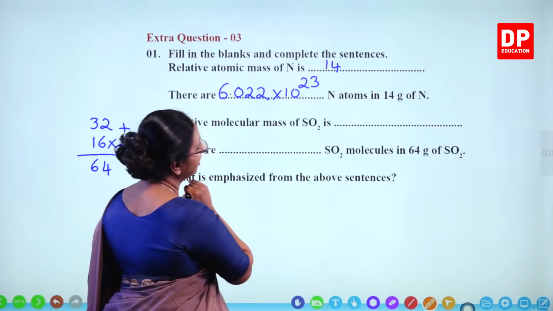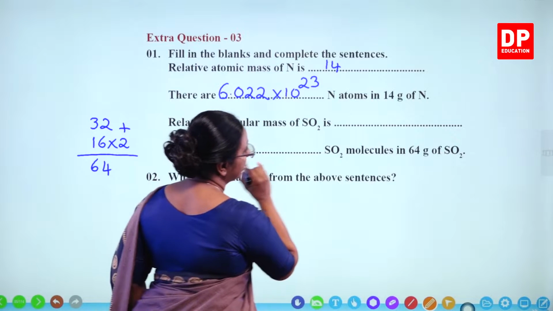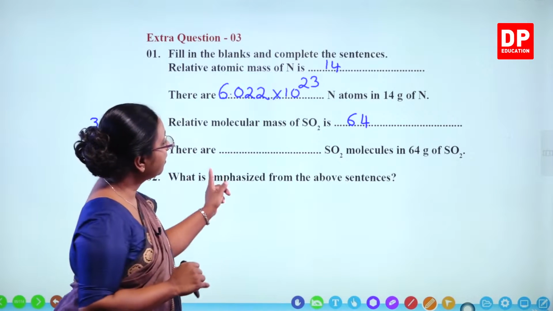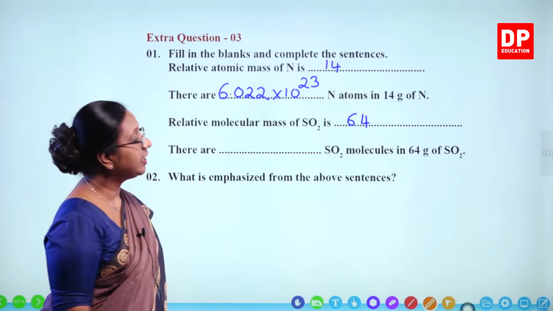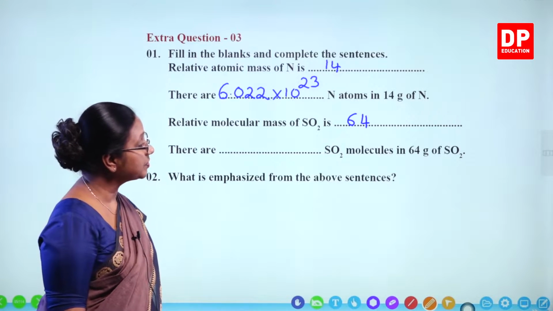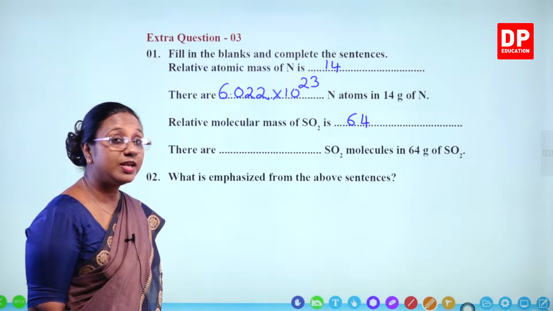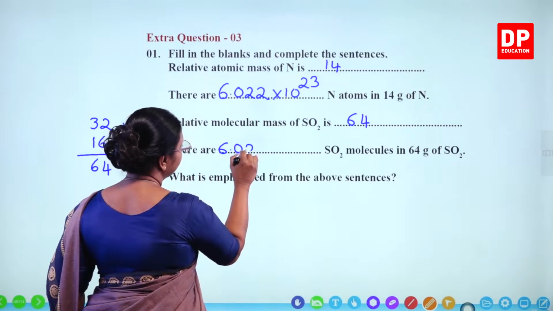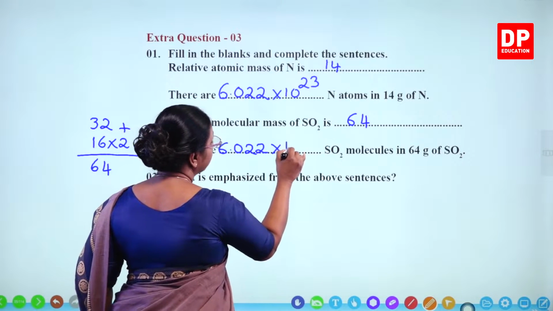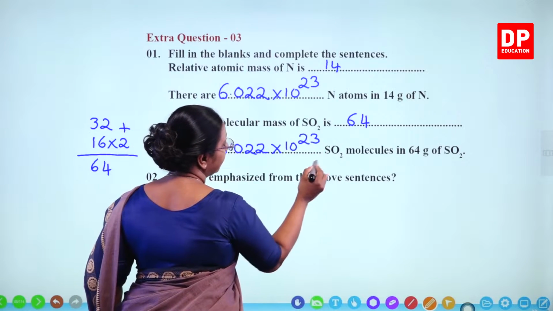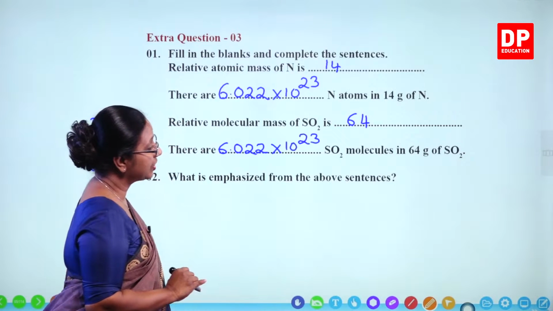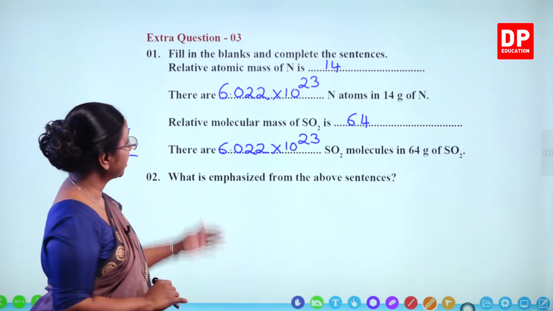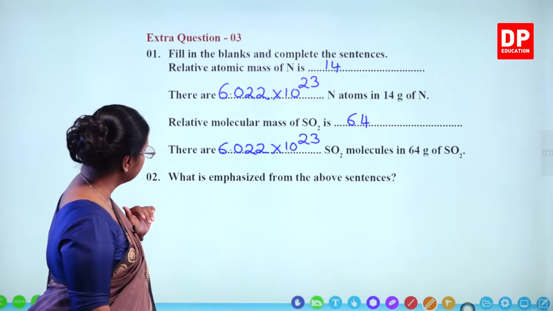So, relative molecular mass of sulfur dioxide is 64. There are SO2 molecules in 64 grams of sulfur dioxide. How many SO2 molecules? The same number, 6.022 into 10 to the power of 23 sulfur dioxide molecules in 64 grams of sulfur dioxide. So, we have completed this.